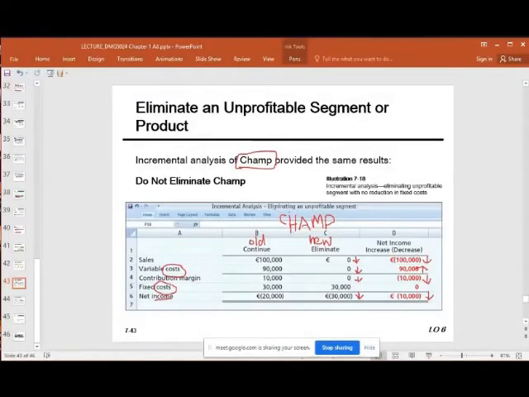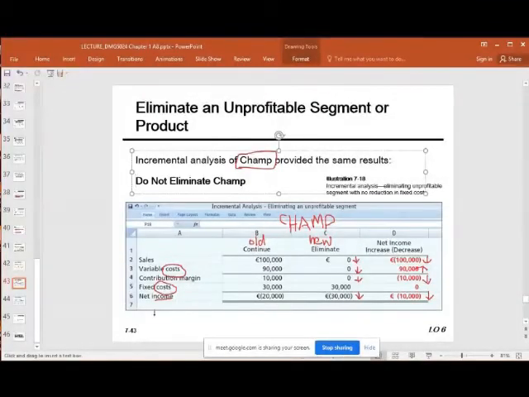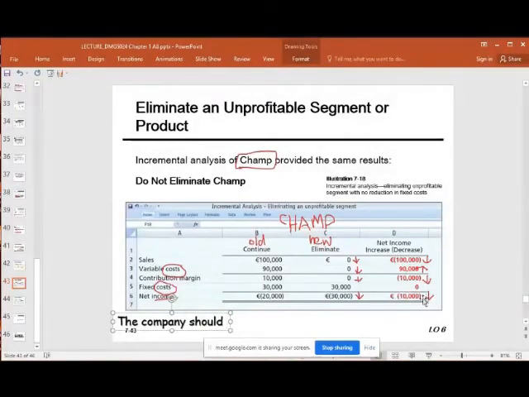So based on this, we are going to write our decision. Let's write our decision. The company should, do you see it is negative? Negative. So should continue CHAM.